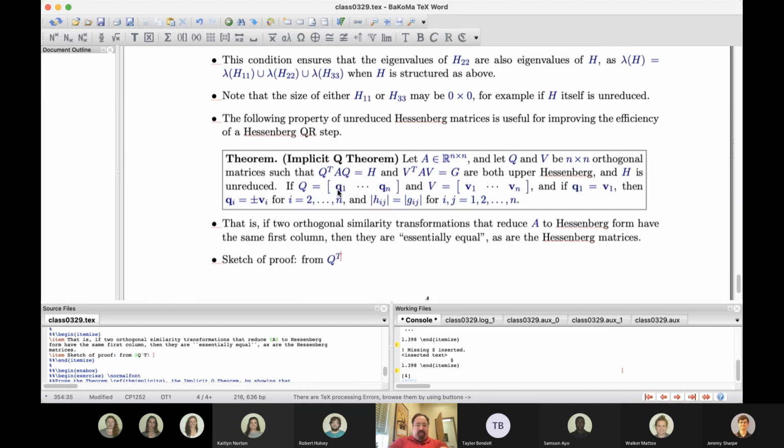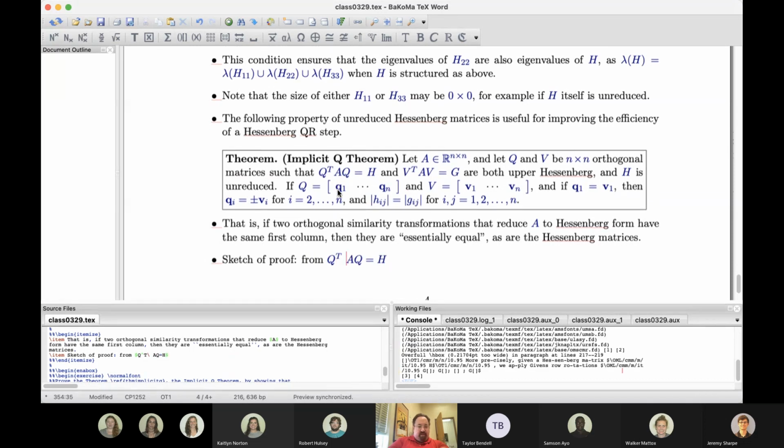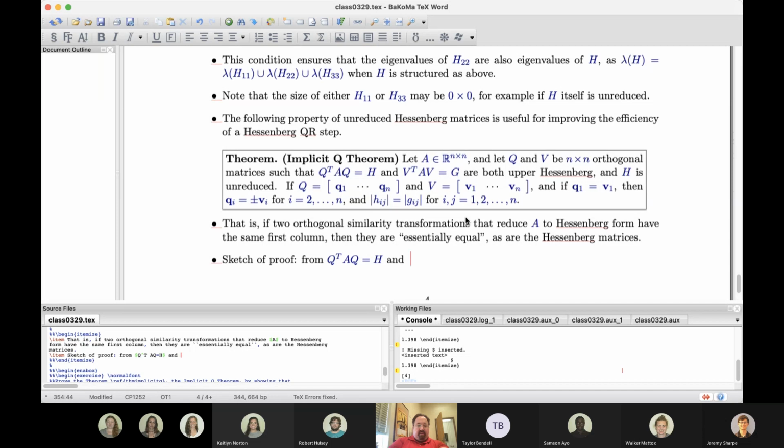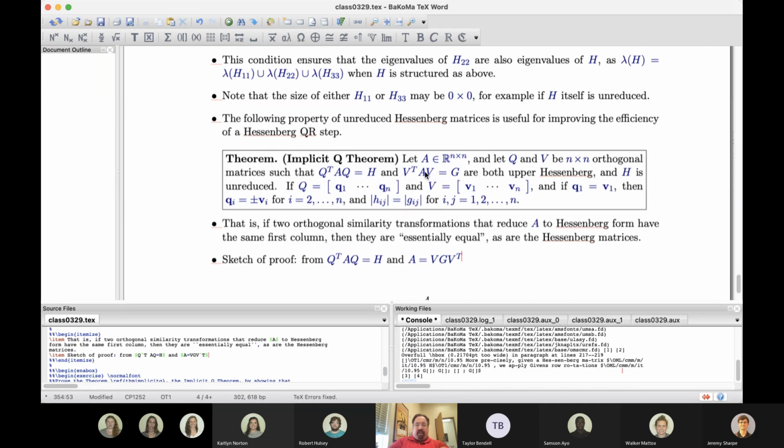So if I have Q transpose AQ equal to H, I can rearrange this to get A equal to VGV transpose. If I multiply both sides on the left by V and on the right by V transpose, I get this.